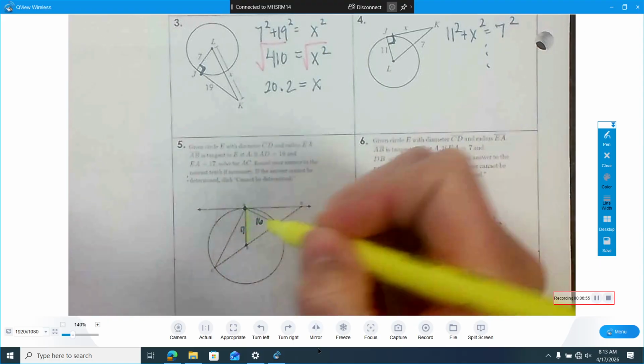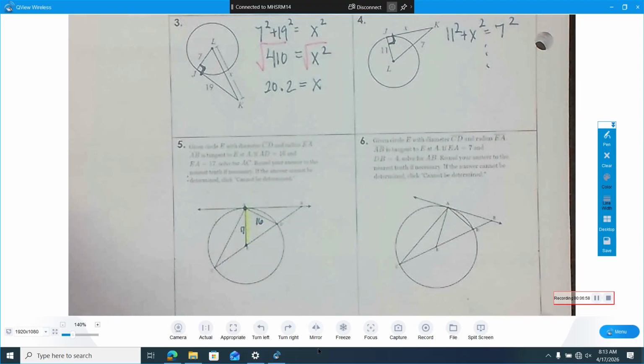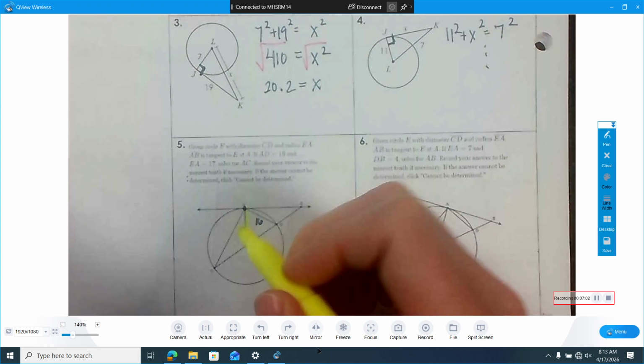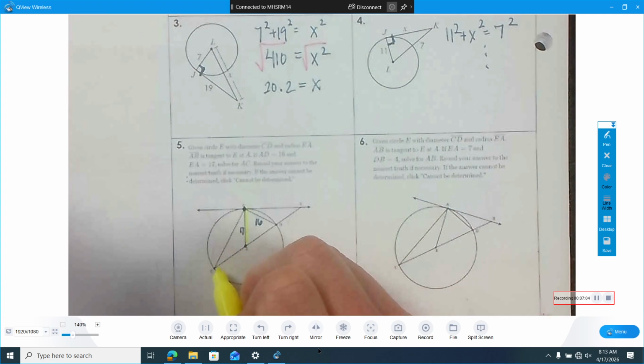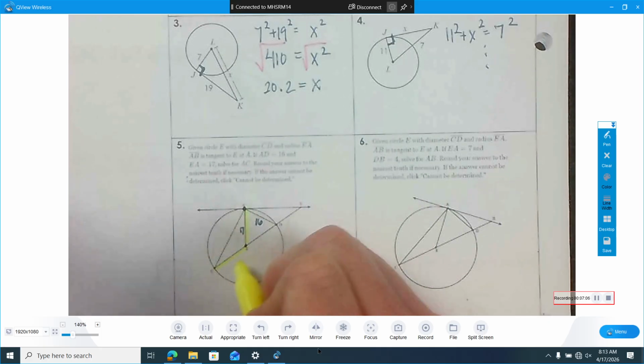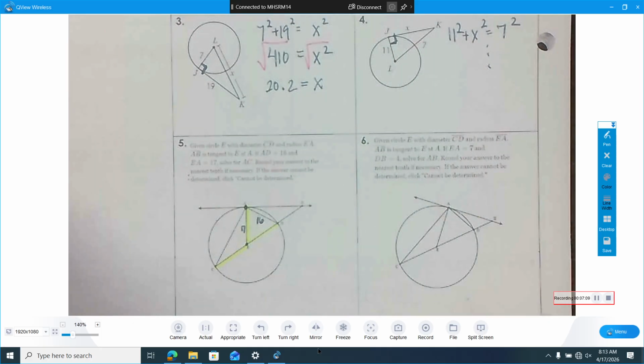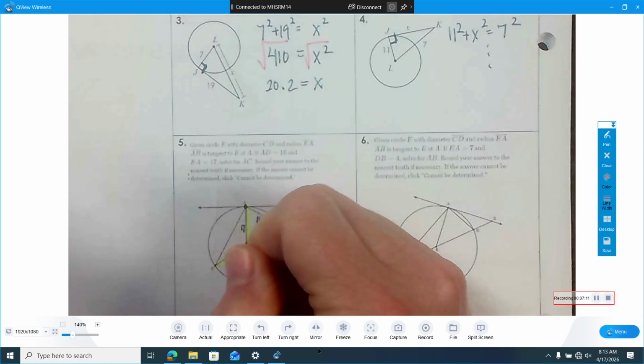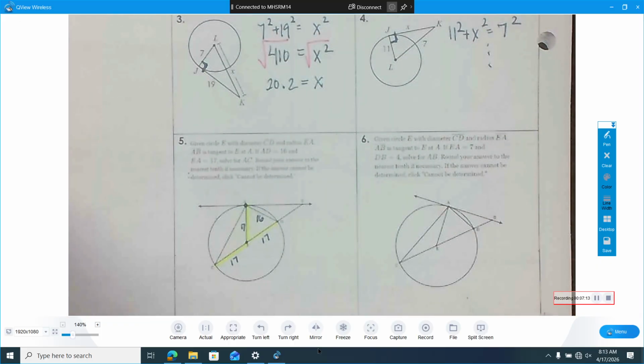It's 17. Are there some other radii in this picture? Yeah, CD is the diameter. So there's a radius side and then there's another radius side. Each of those is also 17. That's important to recognize. They're all little radii.